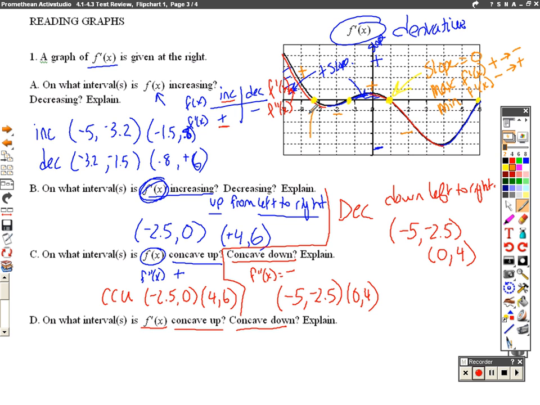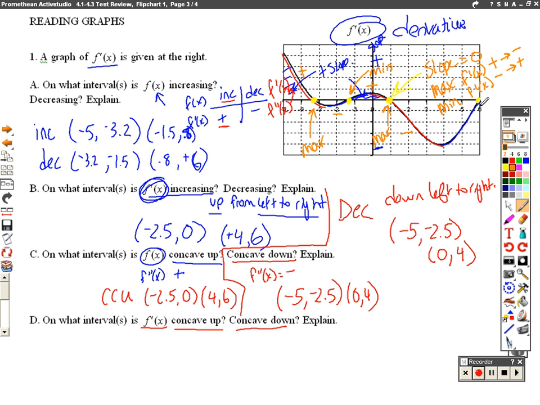Positive to negative is a max. Negative to positive is a min. Positive to negative is a max. And negative, and so on. We don't know exactly what's going on now. So make sure that you can answer all of these kinds of questions.